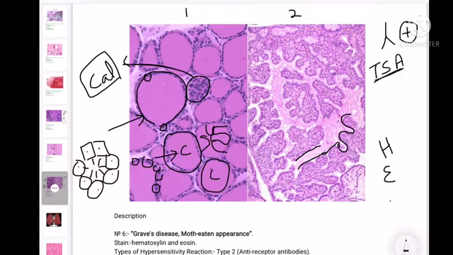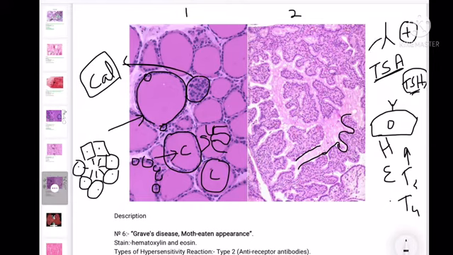So what do they do? They act on thyroid receptors. For example, this is one follicular cell, and it has a receptor for TSH. This TSH causes an increase in the level of T3 and T4. Now instead of TSH, these antibodies come and attack and cause excessive stimulation, so there is excess release of T3 and T4.